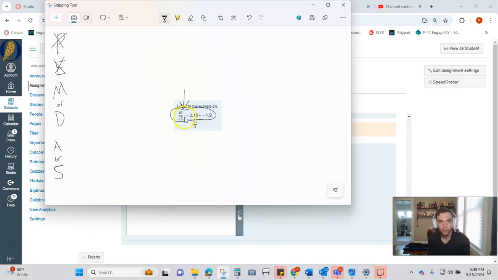89 tenths times negative 3.16. I see that too. Ugh, 89 tenths, a fraction? No. Let's turn that fraction into a decimal by doing the top number divided by the bottom number. 89 divided by 10. And if we used our calculator, we would see that it gives us 8.9.